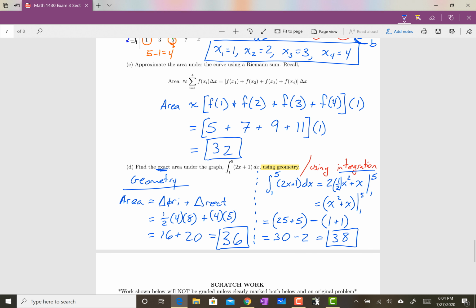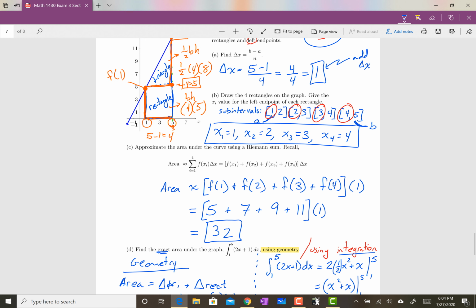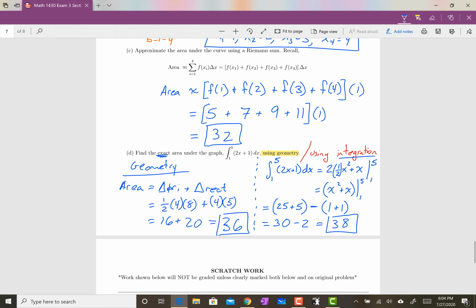Exciting. That is not the same answer. Did I mess up somewhere? Let's see. 16 plus 20 is 36. 5 squared is 25. That didn't work out the way I expected it to. Why not? Let's see.